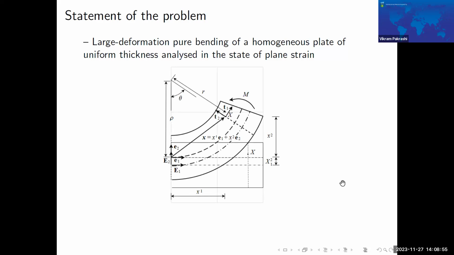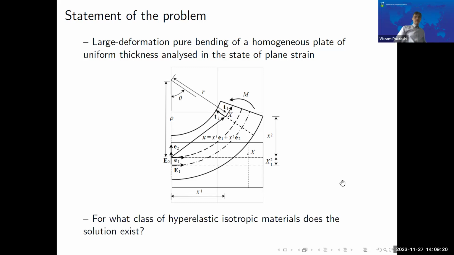We're talking about pure bending, the situation in which a specimen is bent into a part of a circular arch. But now we don't consider it through the lens of beam theory. We consider it with the lens of continuum theory, and see what happens if the curvature is large. And there are many interesting phenomena that happen.